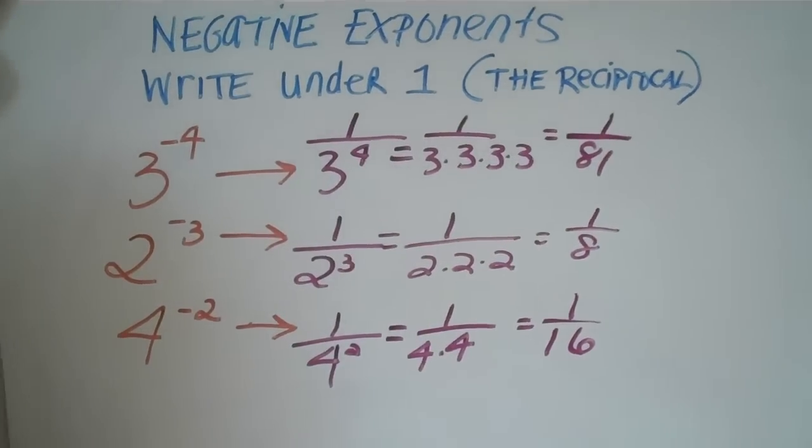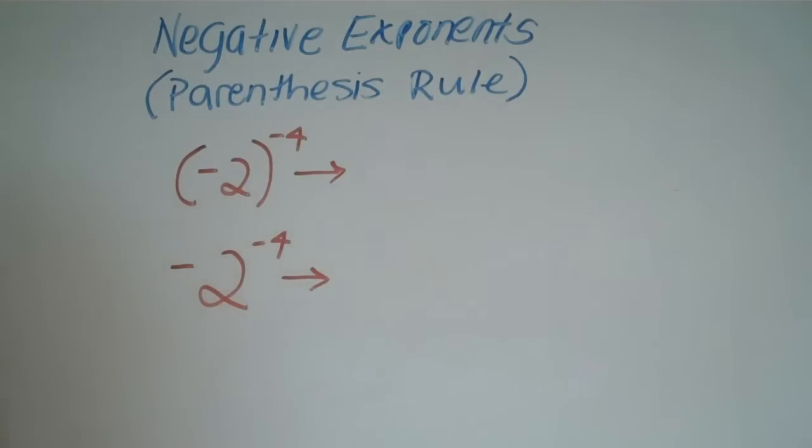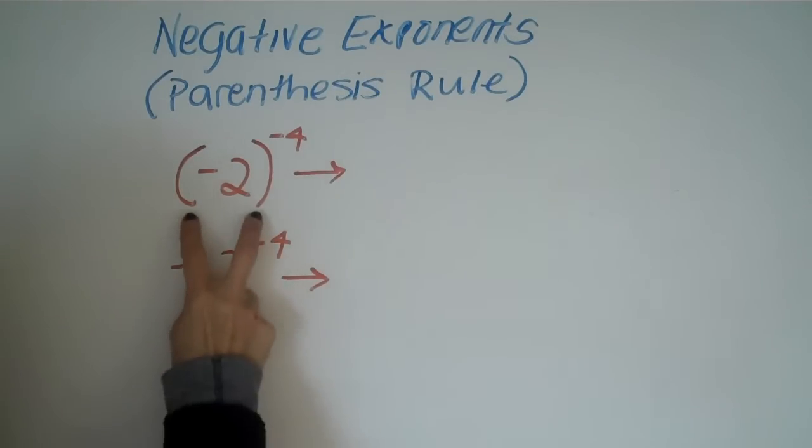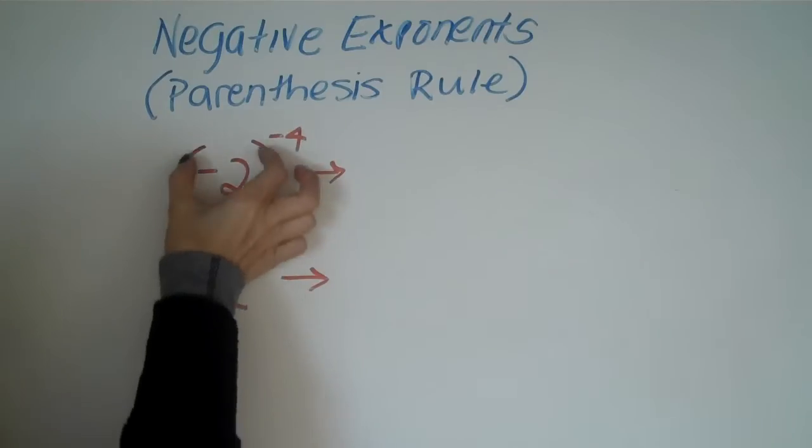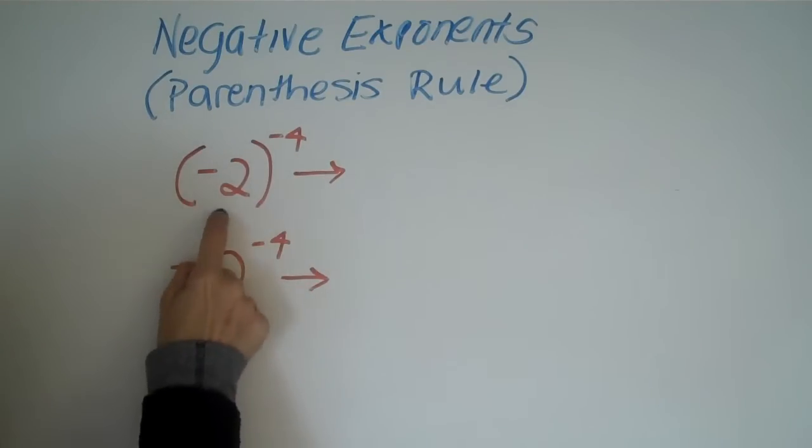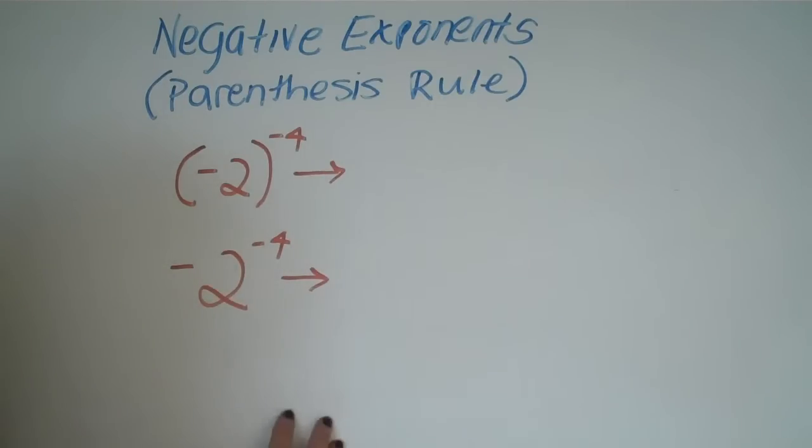So now let's move on and see how it could look different. Sometimes you'll see parentheses, and there's a little parentheses rule you have to be careful about. If you see parentheses, that means anything in the parentheses is getting repeated. The same rule applies with the negative exponent, though.